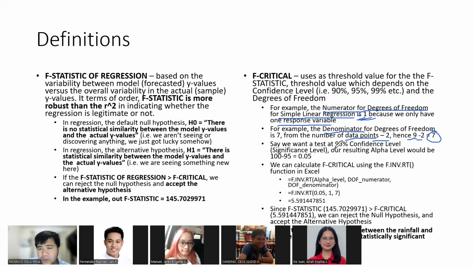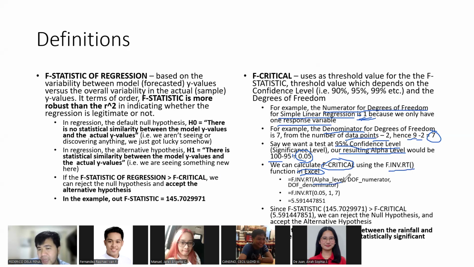So if you want to do a test at 95% confidence level, the significance level, or the resulting alpha level, would be 100 minus 95%, and you're going to get 0.05. And then again, in Excel, we can calculate the F critical using the F.INV.RT function.